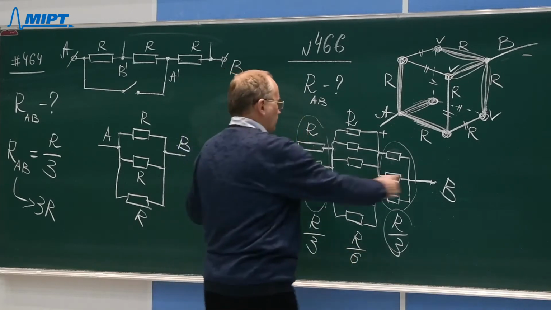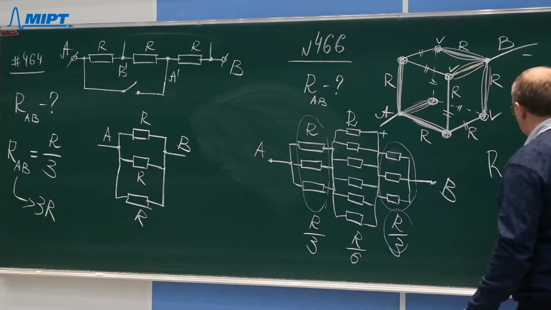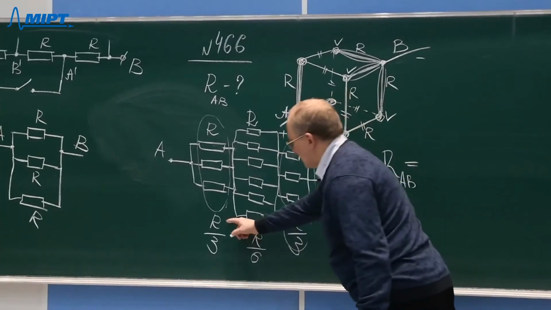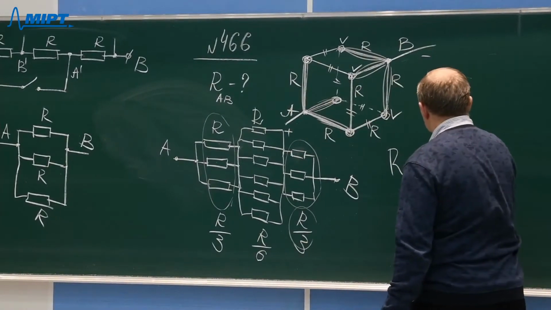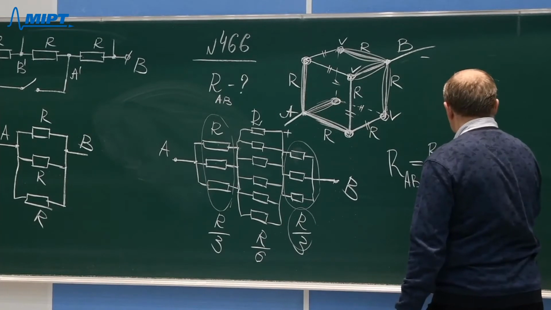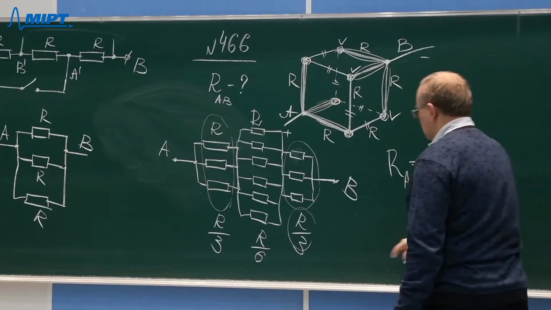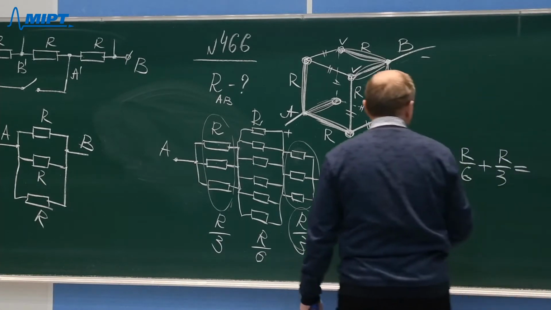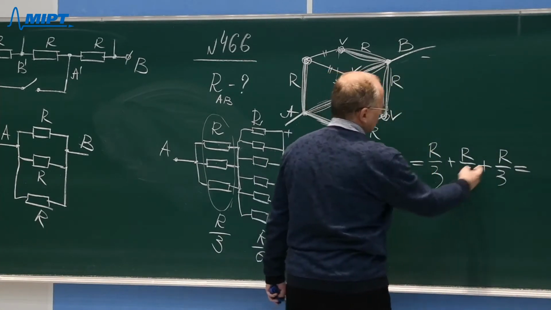So the total resistance between points A and B will be R divided by 3 plus R divided by 6 and plus R over 3. That will be 2 divided by 6 and 2 divided by 6.